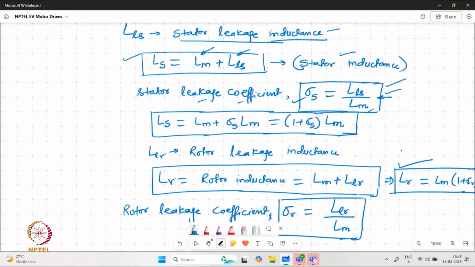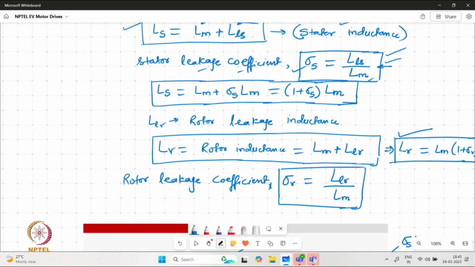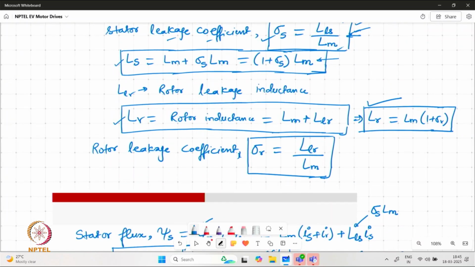So hence we are able to express the value of stator inductance in terms of magnetizing inductance and stator leakage coefficient. Similarly, we have also defined the rotor inductance, and we are defining the term rotor leakage coefficient, where it is used for correlating the rotor inductance and magnetizing inductance.